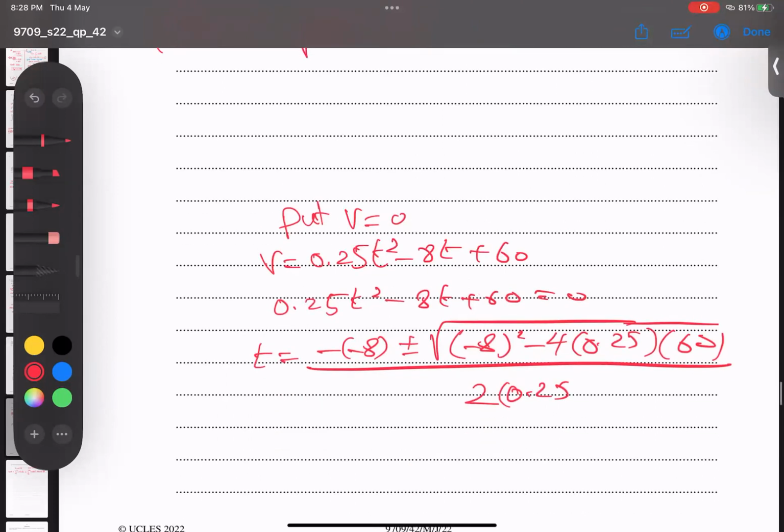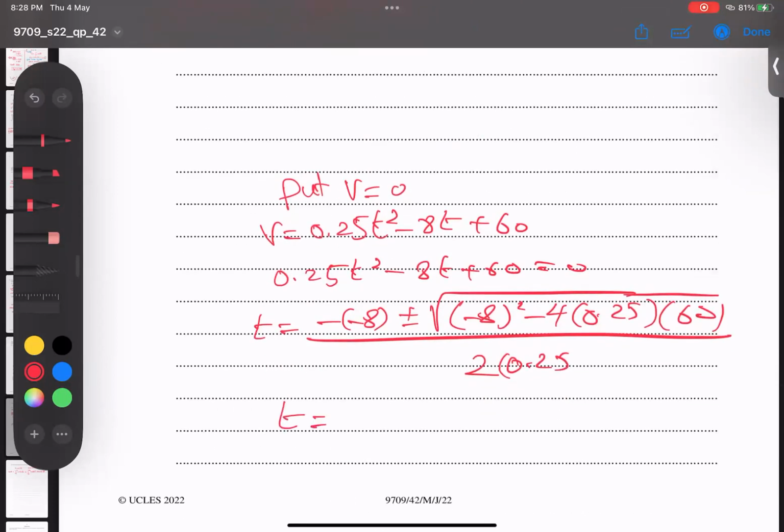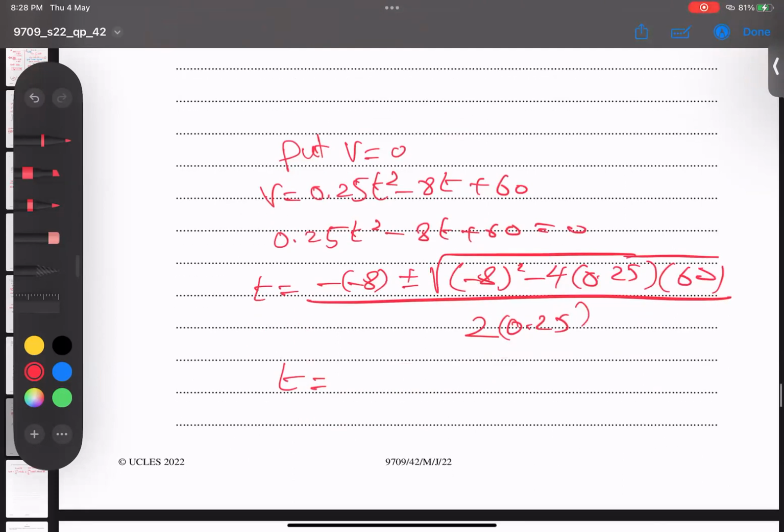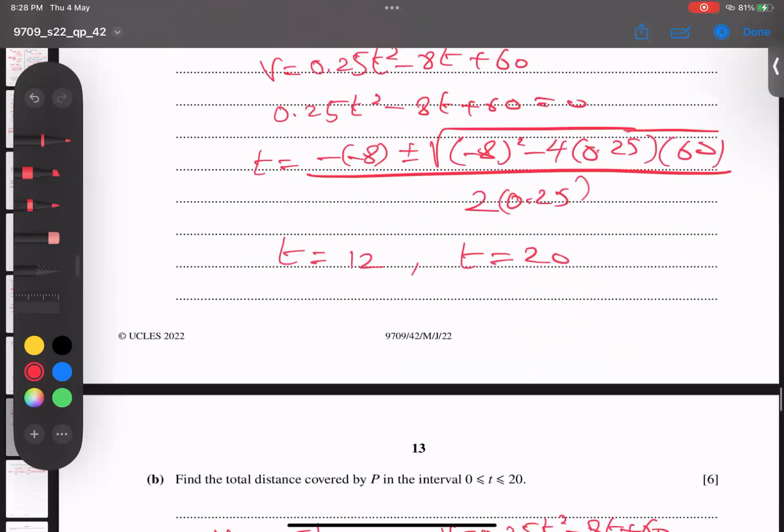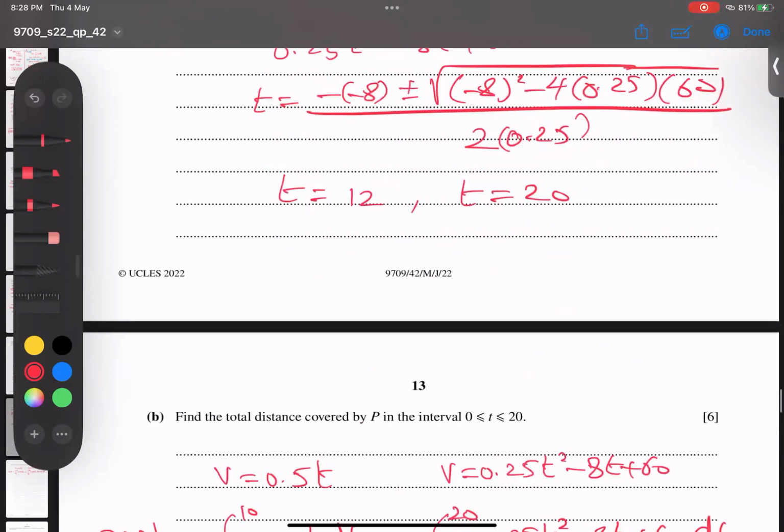Let me recheck. It is giving us two answers, 12 and 20. It means it is confirmed that it is stopping.